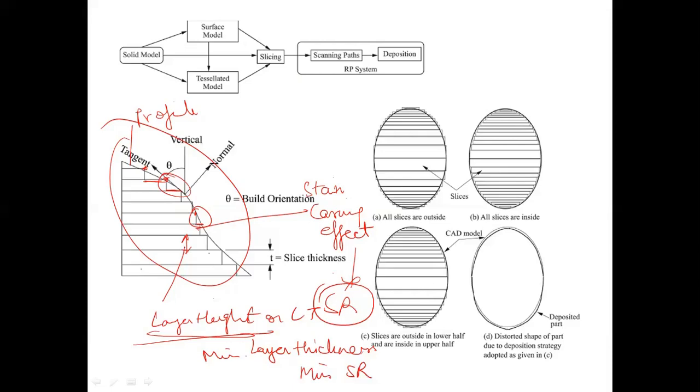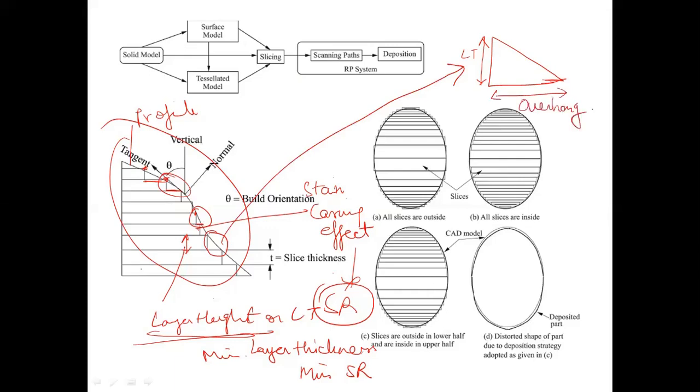Now, when I look at this figure, I see a triangle being formed. This is the layer thickness. I have just extended this figure, and this is what we call the overhang.